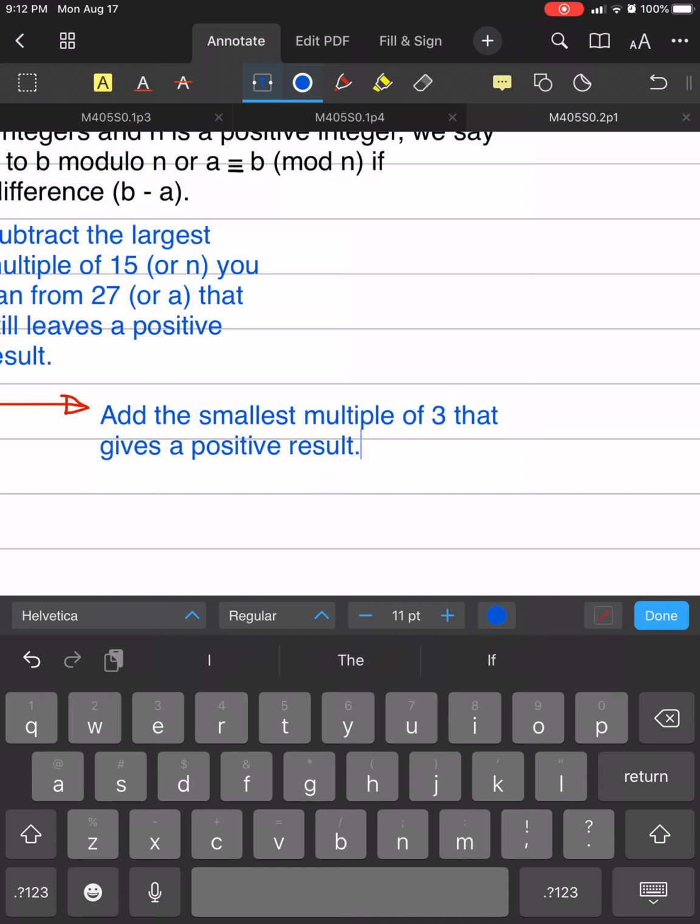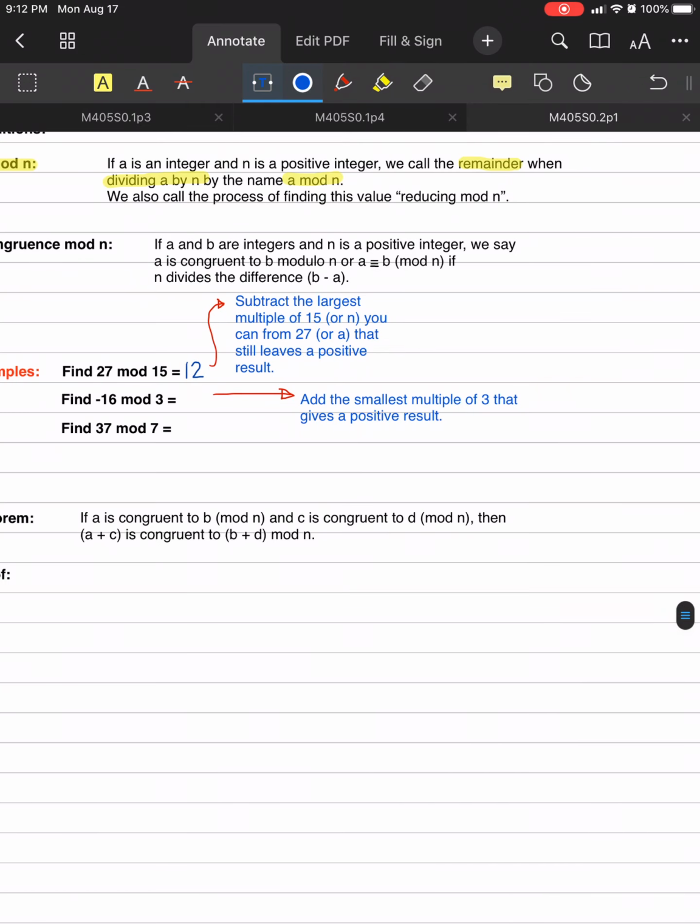So here you can add a multiple of 3, whichever is the smallest multiple of 3 that makes that positive is the one that you want, and you add that, and what you get is the remainder.